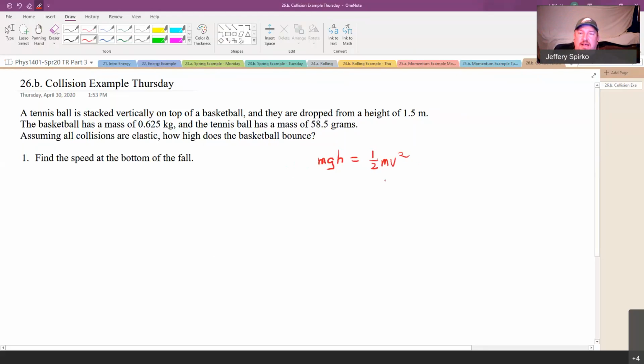And we'll set the height, y equals 0, at the bottom of the drop, so it doesn't appear on the right side of the equation. And then we can cancel the m's and only do the calculation once, even though there's two objects of different masses. And we can find this v. So it would be 2gh is v squared, so we'll take the square root of it.